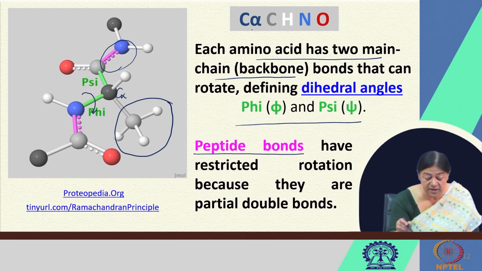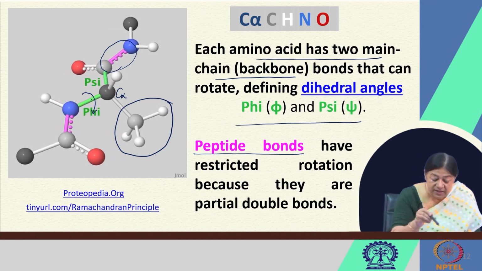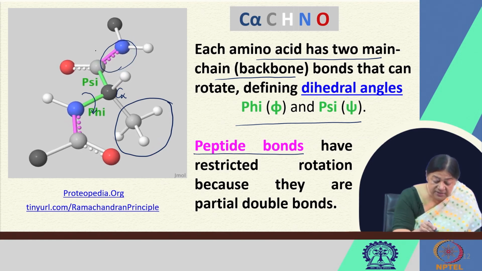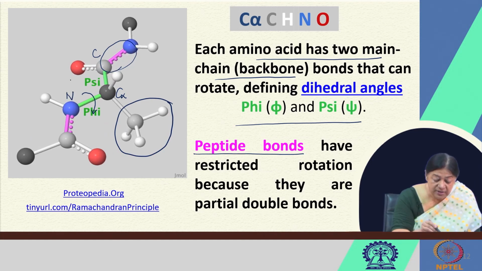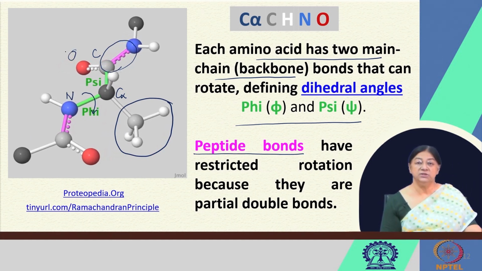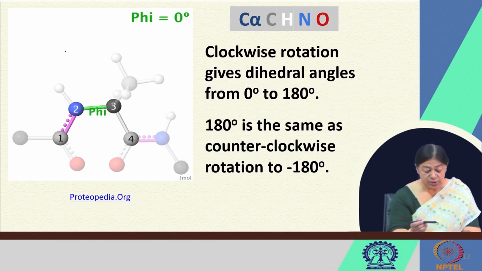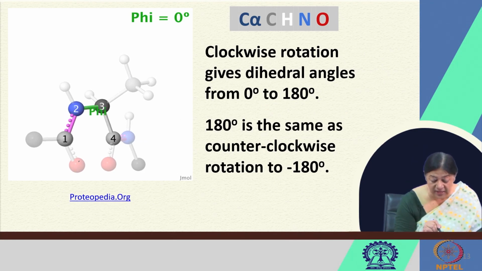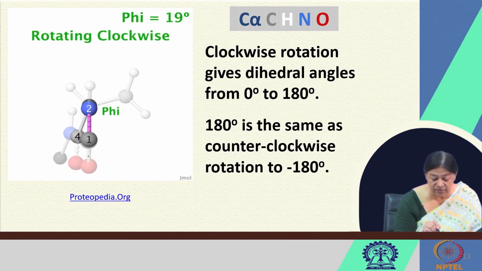What we have here is the C alpha carbon, we have the C double bond O here, this is the nitrogen and this is the oxygen. So this is what is important in understanding the protein geometry. When we look at the phi angle, we will see that this is what the dihedral looks like.